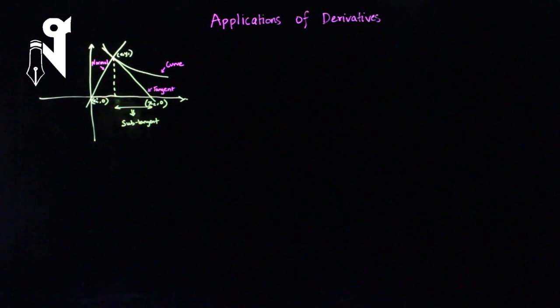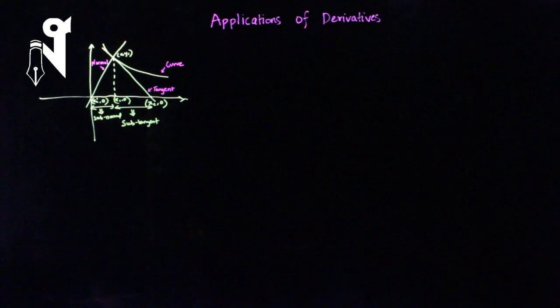You can see that this point is x1 comma 0. So the length of the subtangent is mod of xc minus x1. Similarly, the subnormal is the projection of the length of the normal, the entire distance from x1, y1 to xc dash comma 0, projected on the x-axis. That is the subnormal.